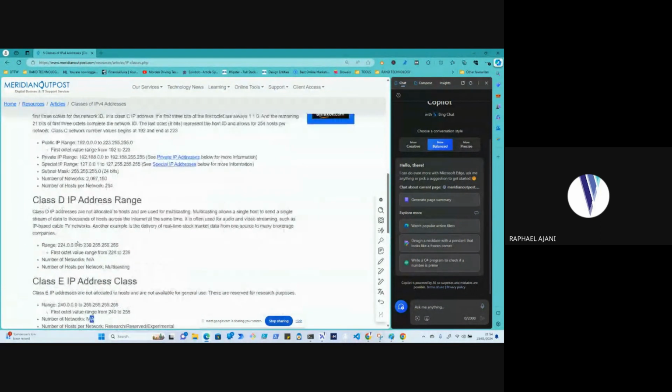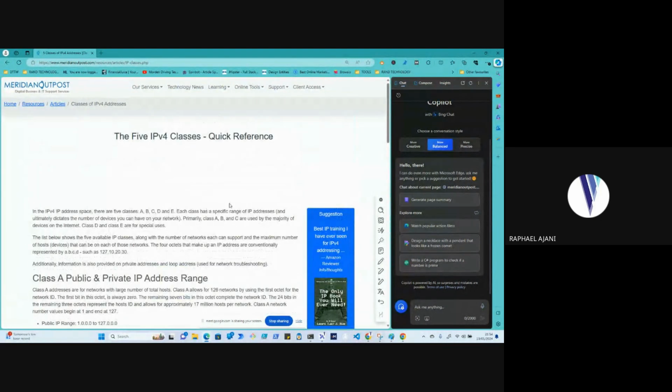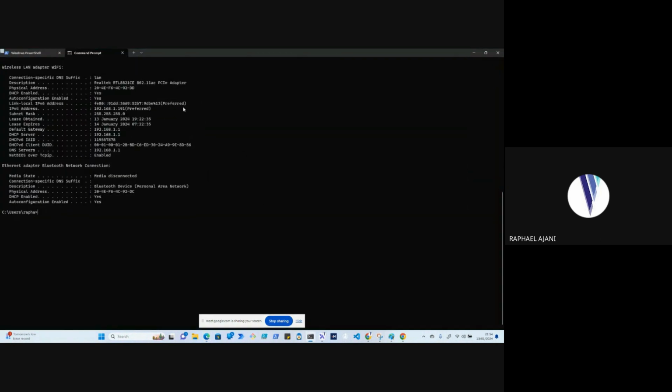So they had to upgrade to IP version 6. The form of IP version 6 is even more complex. It comes more as hexadecimal, not binary.